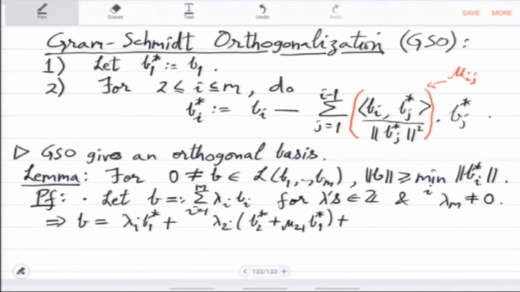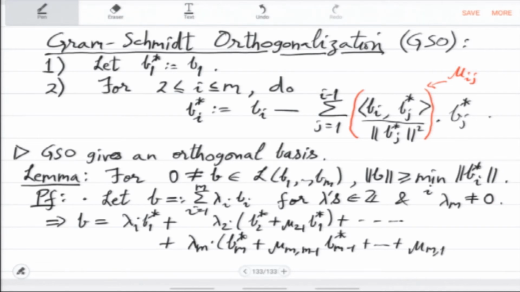What is B3? So this pattern will continue, right? B3 will be B3 star plus mu times B2 star plus mu times B1 star and so on. So, in the end you will just get lambda m times Bm star plus m projected on m minus 1, down to m projected on 1. Fine.